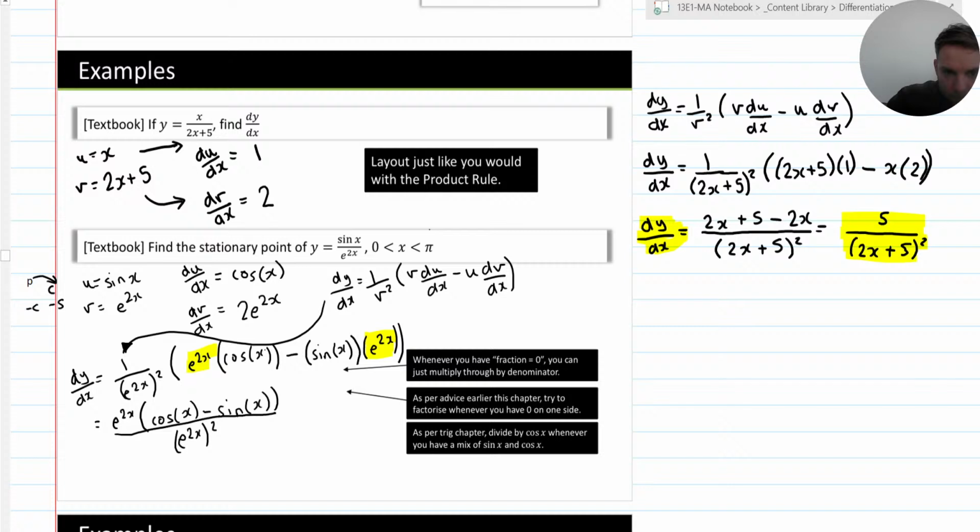So this here should be 2e to the 2x there, which means when I take this out here, this here should have been 2 sine x there.